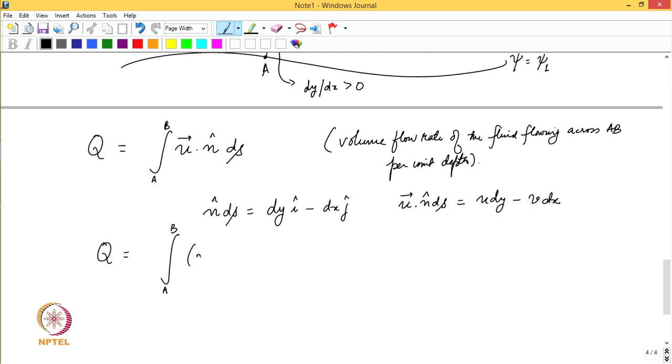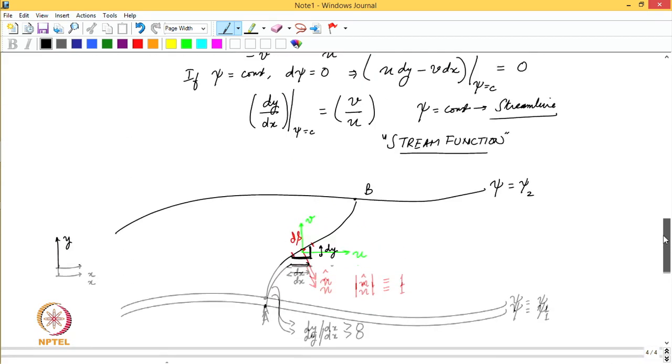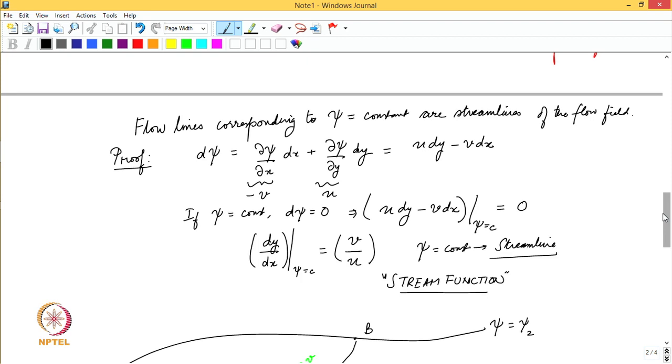So, we will get u dy minus v dx as the integral from a to b, and now I note that u dy minus v dx is the total change in the stream function. This comes from the definition that we had written right here.